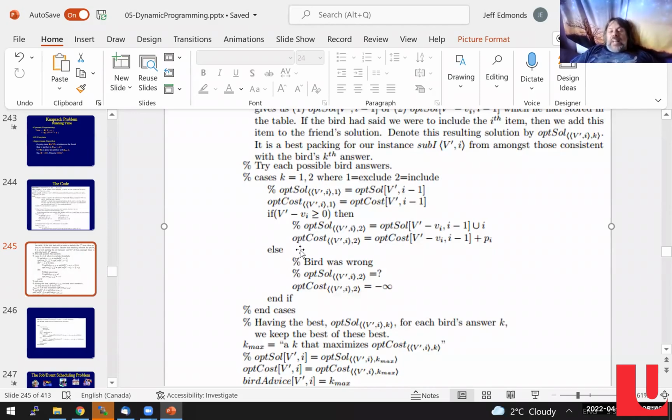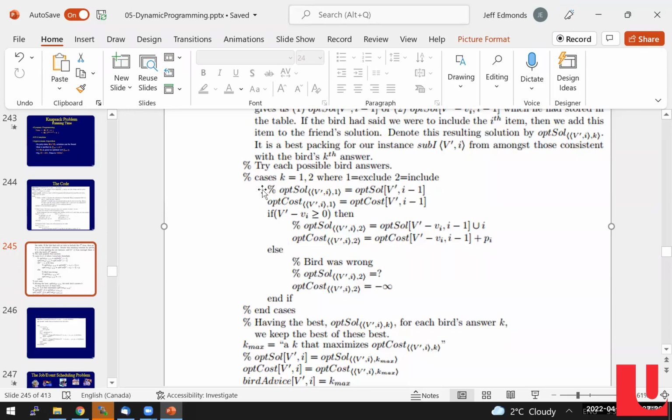Well, this down here is the optimal solution to my problem that's the best solution consistent with the bird saying 2, K equals 2. So let's see how we compute those. Well, as we said, if she says exclude it, then I ask the friend this sub-instance. The i is one smaller, but the knapsack's the same size. And my solution's the same as my friend's solution. Does that make sense?